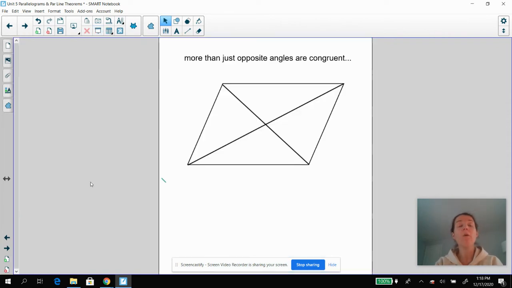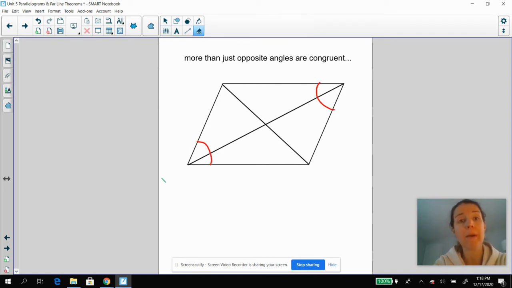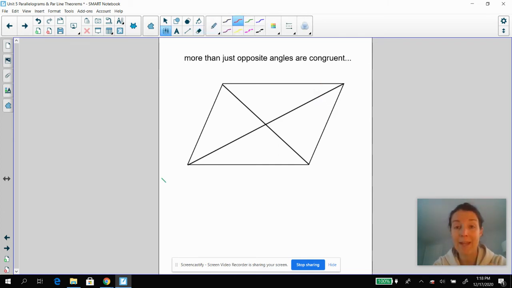All right. Now, more than just the opposite angles being congruent to each other, remember, we're dealing with parallel lines here. So if I crisscross, I've got my little diagonals, watch what happens. Not only is this angle congruent to this angle, but I've created smaller angles thanks to my diagonals. And watch this.